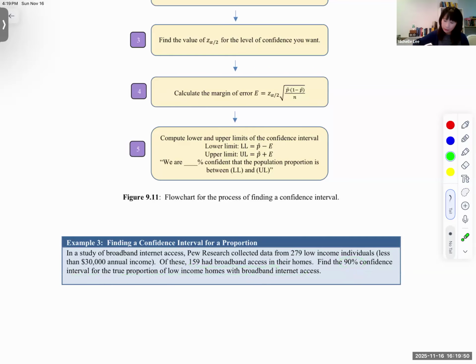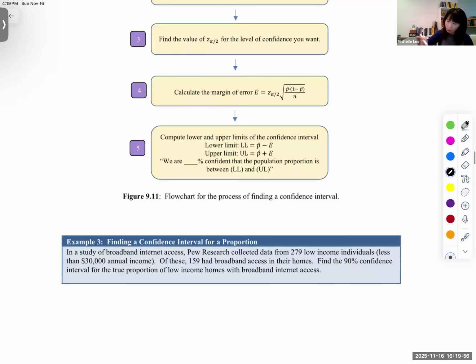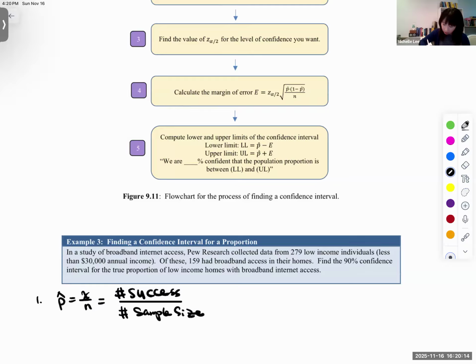Okay, so let's follow the process from above, right? Okay, so the sample proportion is X over N, number of successes over number of sample size, right? So how many is the sample size there?